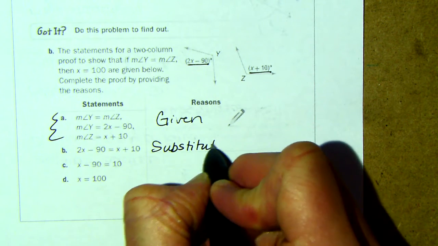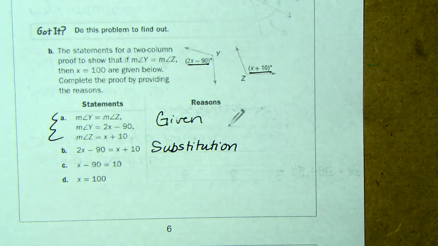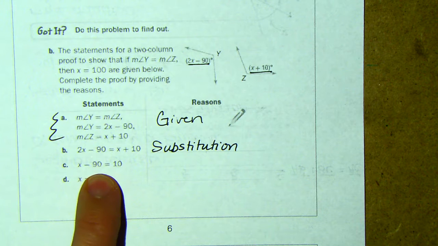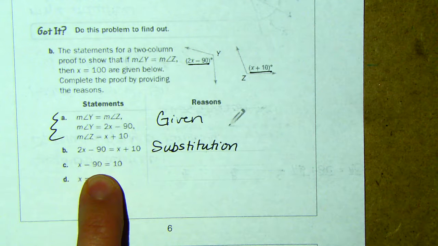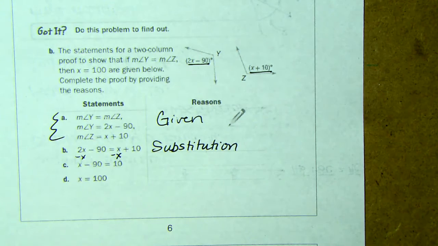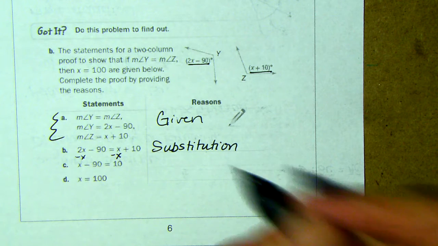It's almost like double substitution, right? They replaced the y with that expression. They replaced the z with the other expression. Now, from B to C, look at this line into this line. What did they do there? They minus x. So they subtracted the same thing from both sides.